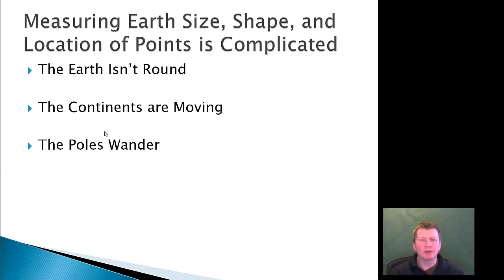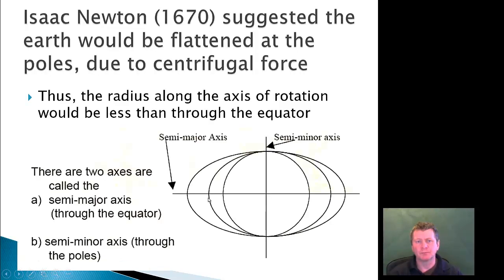Okay, so it's pretty complicated because the Earth isn't round. The continents are actually moving and the poles wander around. So we have a dynamic scenario for measuring the Earth. Newton suggested that since the Earth was spinning round and round, centrifugal force would be pushing out at the equator, and so the Earth wouldn't be round, it would be somewhat flattened into an ellipse, a spherical ellipse that we call an ellipsoid.